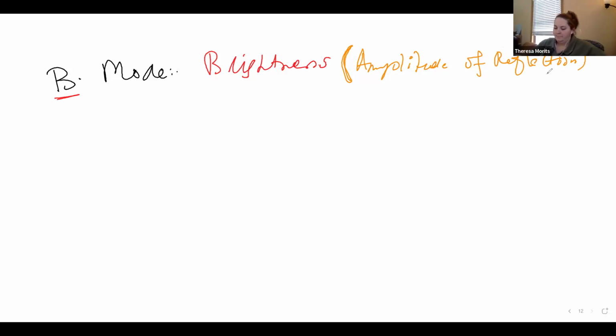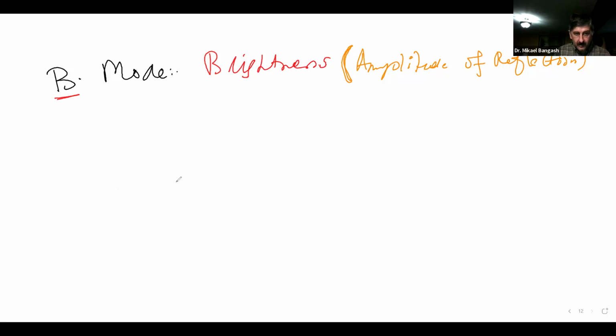Good. Now, just like your A mode has amplitude, B mode also is going to display its info along two axes.